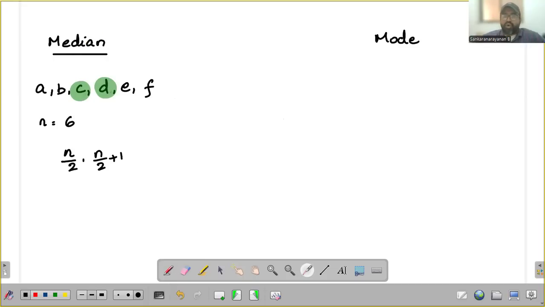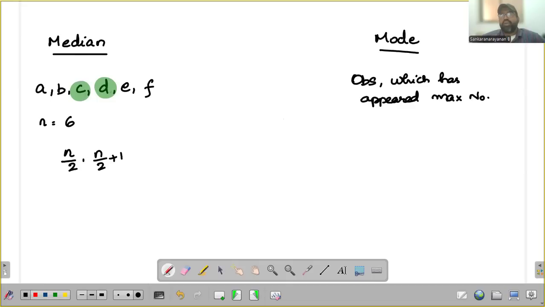Okay. Mode, it is very easy. You look at all the observations and locate which observation has appeared with maximum frequency. Okay, so the observation which has appeared the maximum number of times, that is nothing but the mode.